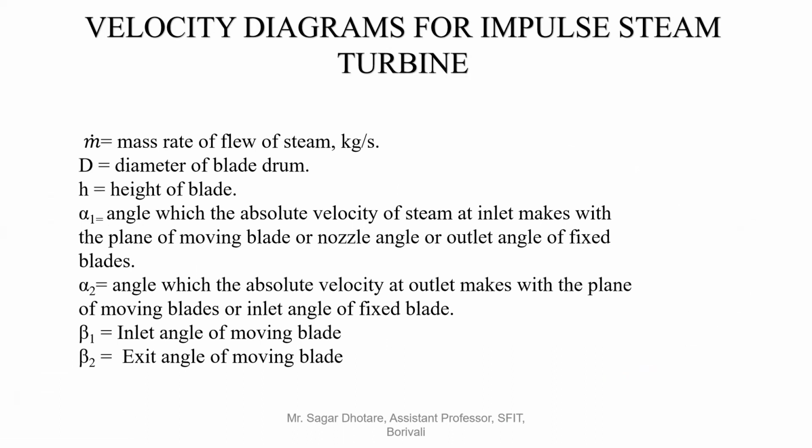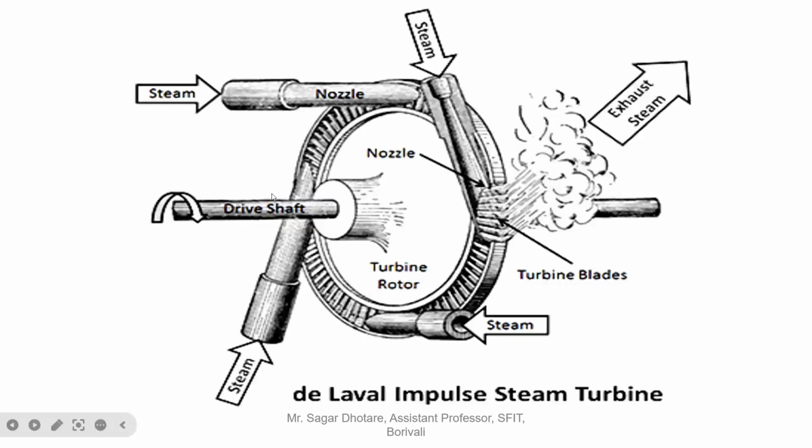Alpha 2 is the angle which the absolute velocity at outlet makes with the plane of the moving blade, or you can say inlet angle of the fixed blade. Beta 1 is the inlet angle of the moving blade, and beta 2 is the exit angle of the moving blade. Now we can see the basic single stage impulse turbine.